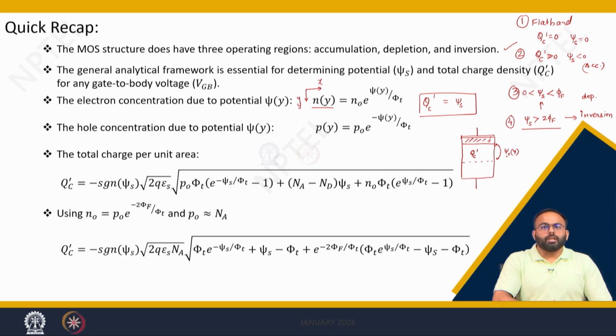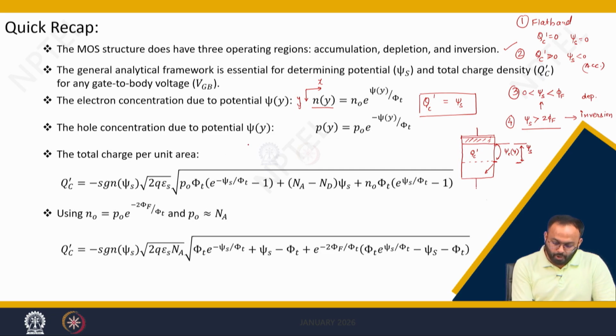We applied the boundary conditions also, considering that after a certain depth the depletion region expansion will stop and this potential is 0 deep in the body, and hence this potential is the surface potential with respect to deep in the body. Following the same equations, we started building a Poisson equation and related the surface potential with the channel charge. We said that the channel charge can be written in this form.